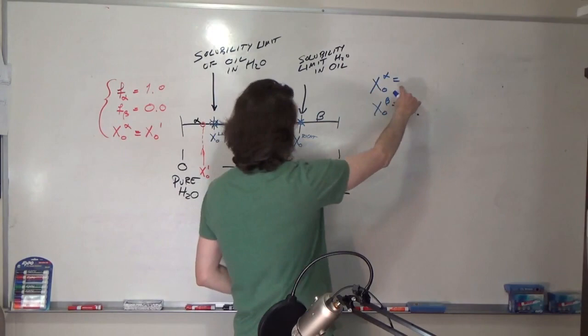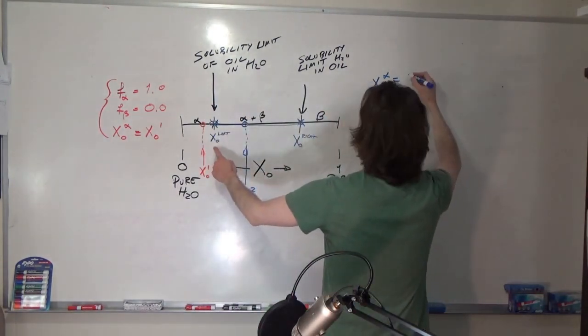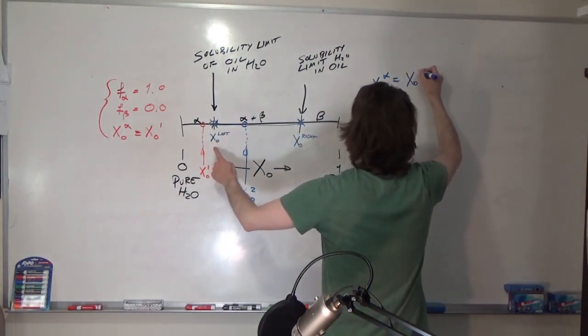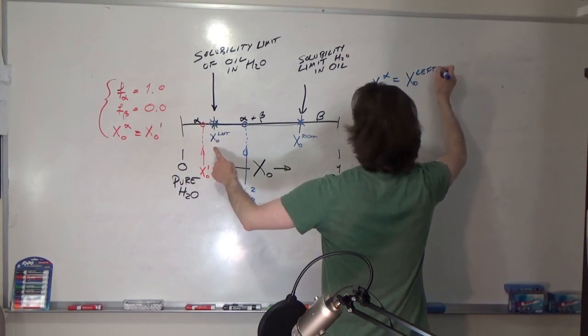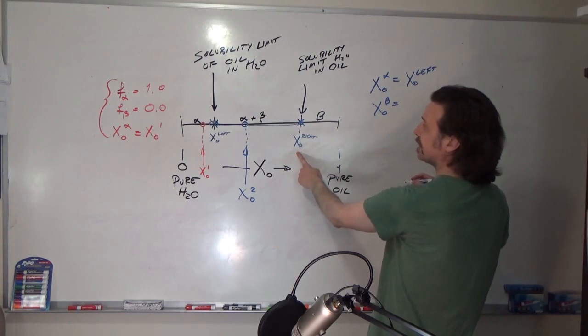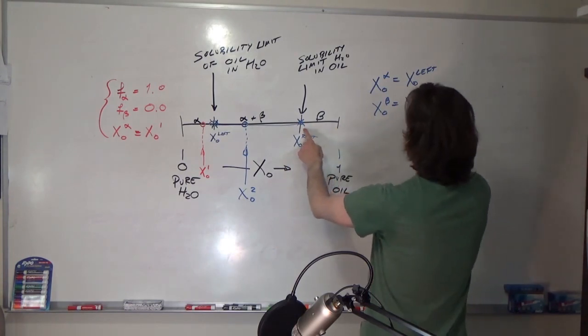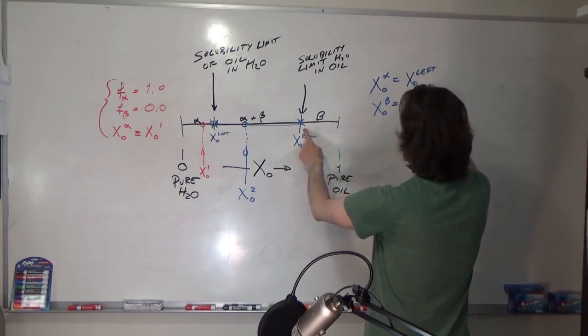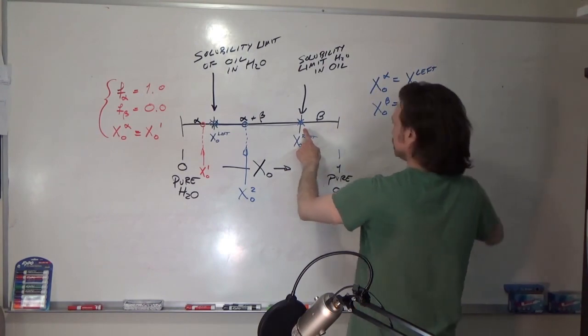So we can write XO alpha is equal to XO left, and XO beta is equal to XO right.